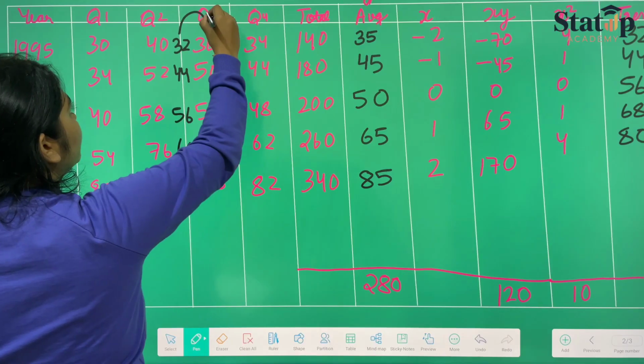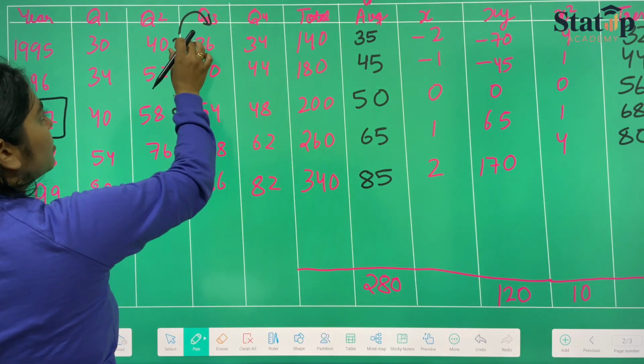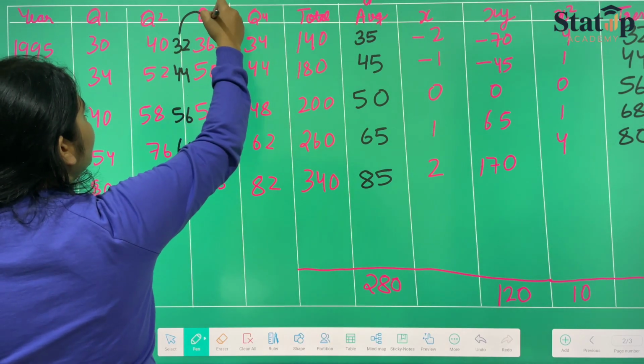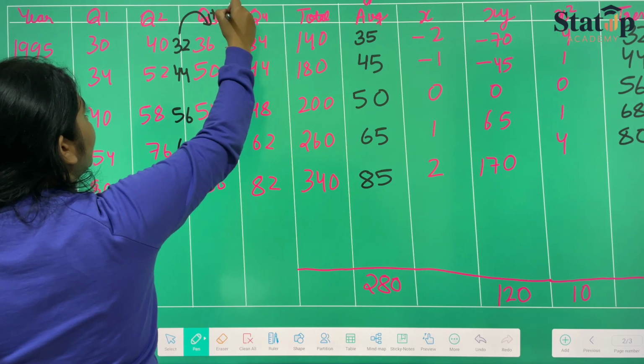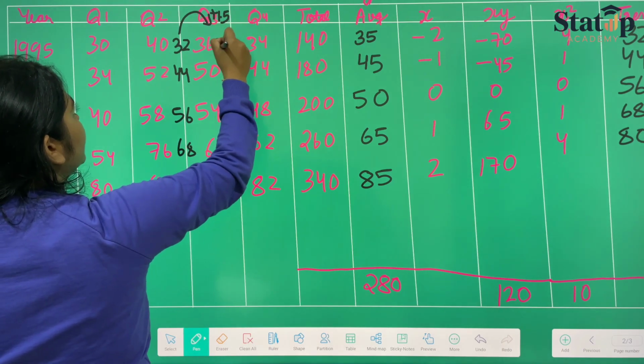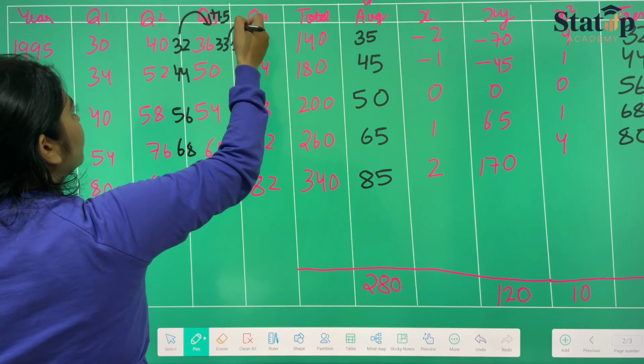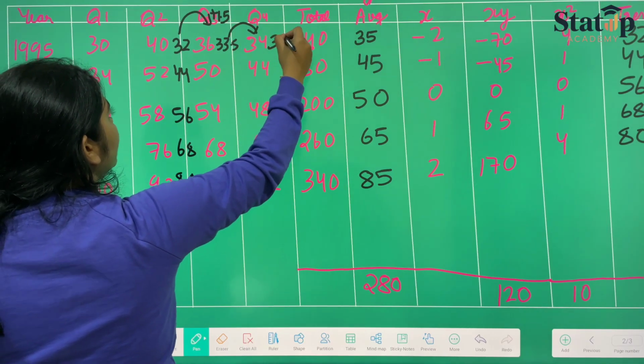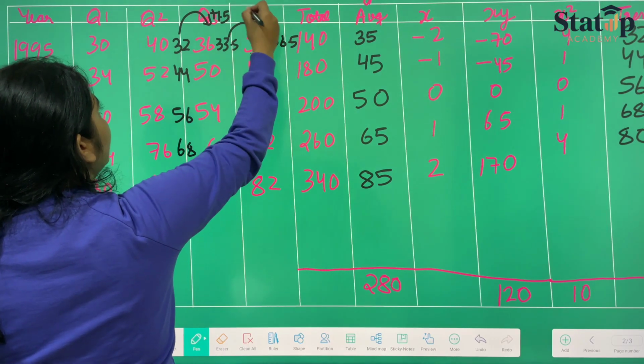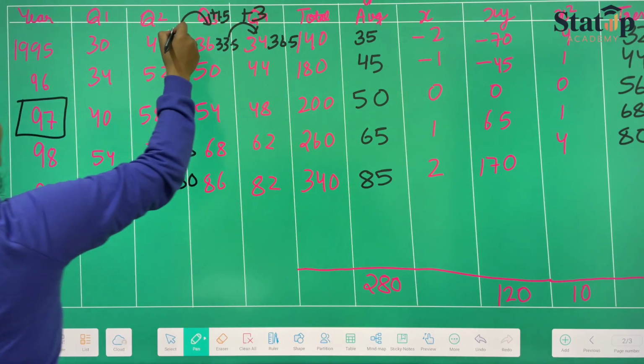Because it is present in the middle, we will add 1.5, so here the value becomes 33.5. If we move from quarter 3 to quarter 4, the value would become 36.5 because we are adding 3.